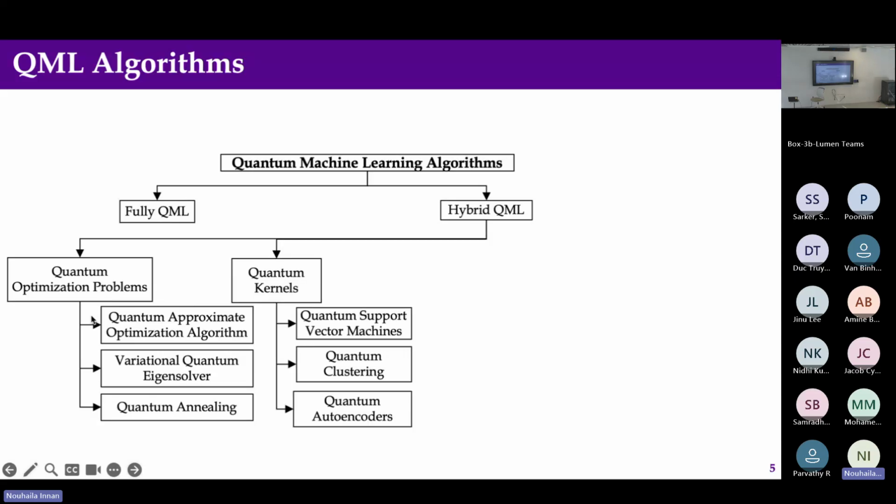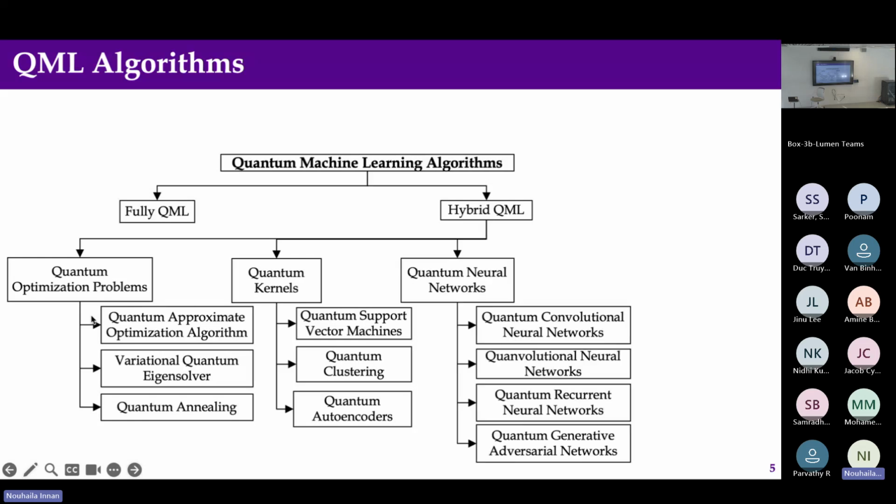And then we have the quantum kernel space, which is quantum support vector machine, and quantum clustering as a task. We can use k-means, quantum k-means, and different ones. Then we have generative models, quantum autoencoder. Then there are quantum neural networks.